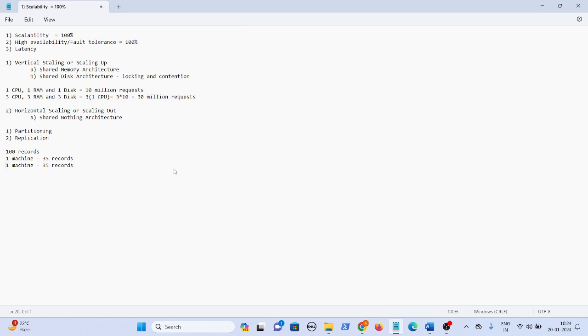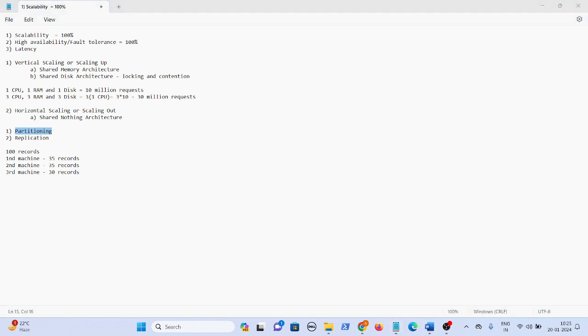And on the third machine, I will store 30 records. So instead of storing the same copy of data on each and every machine, you split your data and store some part of the data on one machine and the other parts on other machines. This is called partitioning.